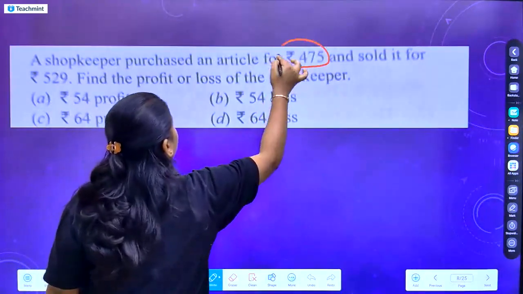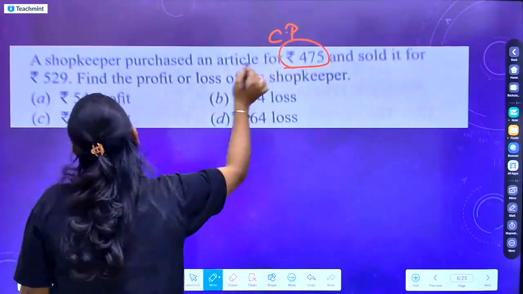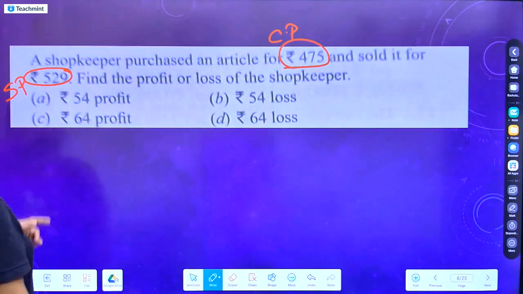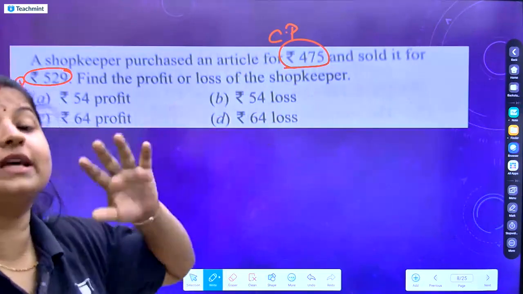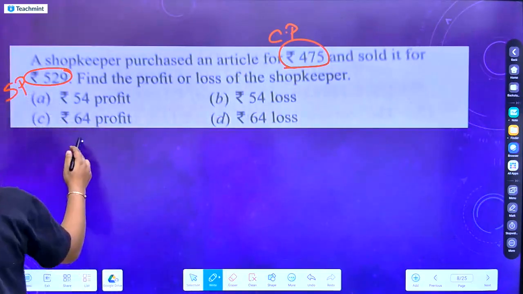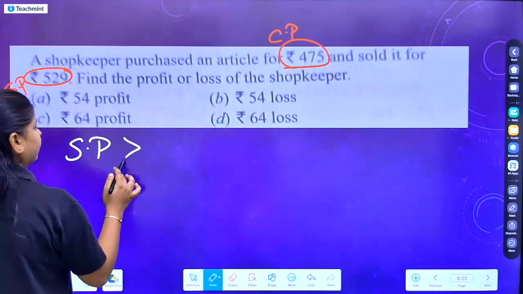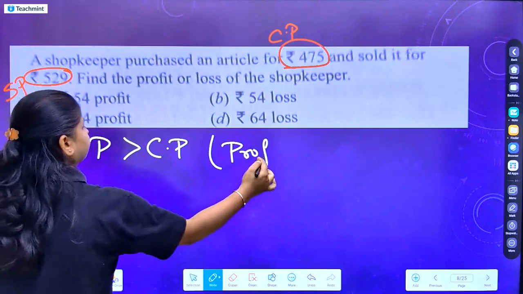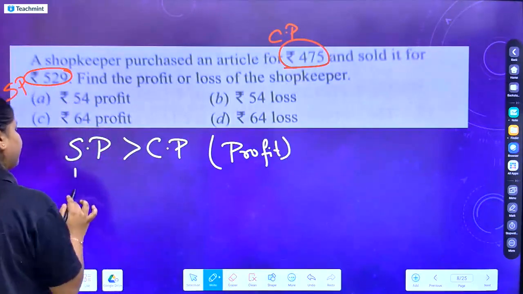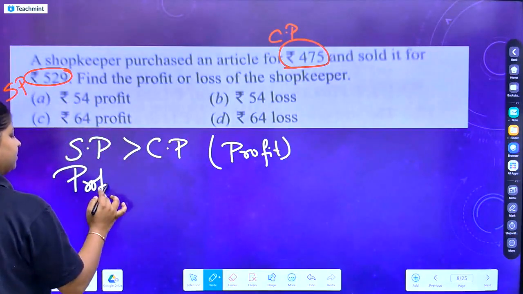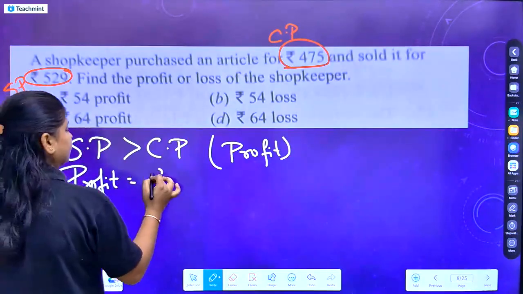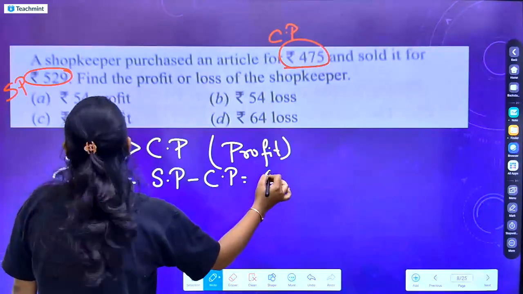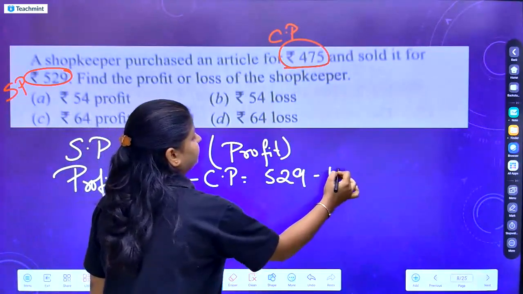This is my cost price. This is my selling price. My selling price is more than the cost price, right? My selling price is greater than the cost price. For sure, I will have a profit. And the formula for profit, you know, is selling price minus cost price. 529 minus 475.